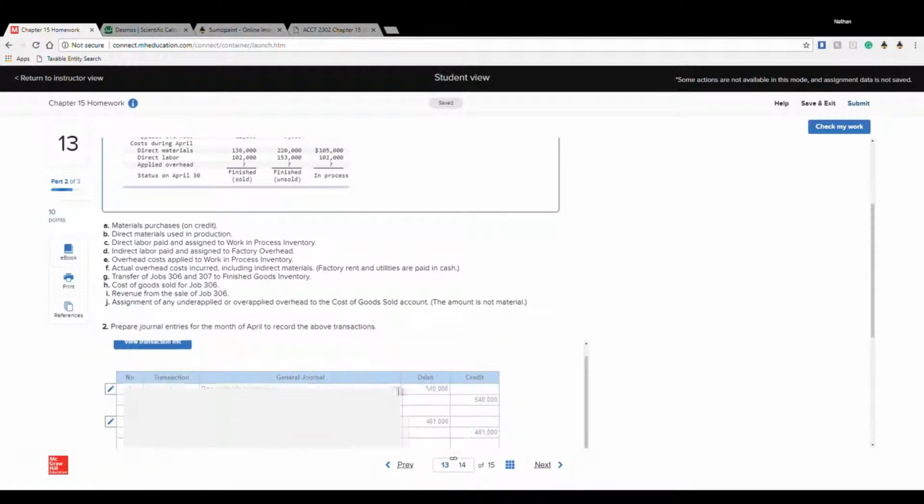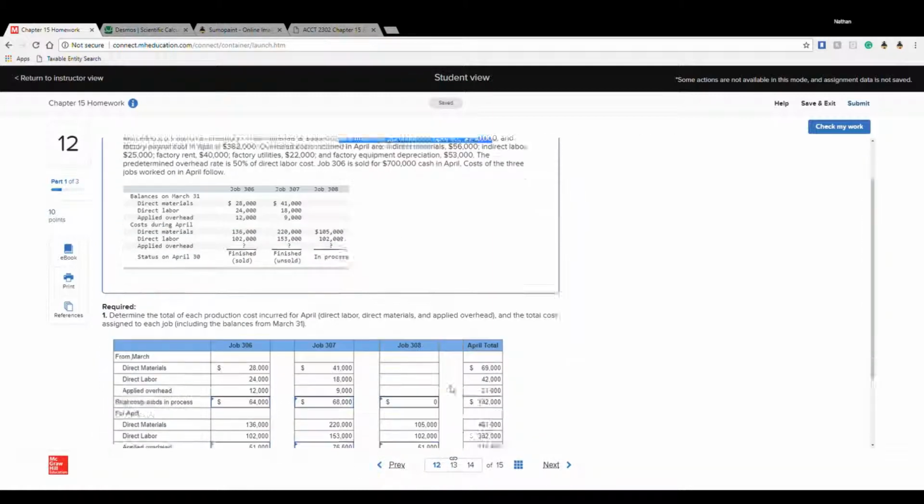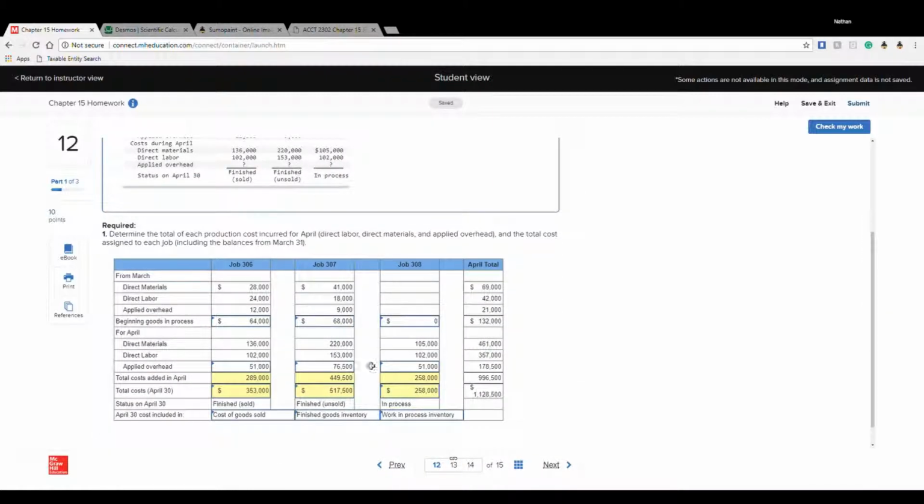Alright, X. Okay, number 3, record direct labor paid. So again, direct labor, work in process. Since this has been paid, we do it in cash. Again, let's go back. Direct labor paid in April was 357,000.